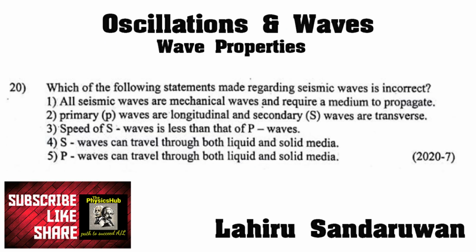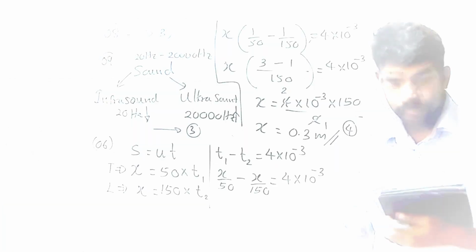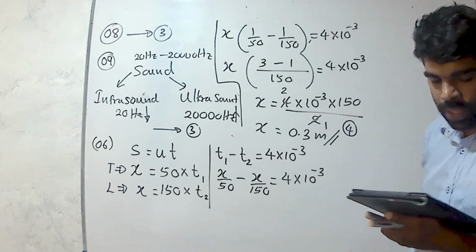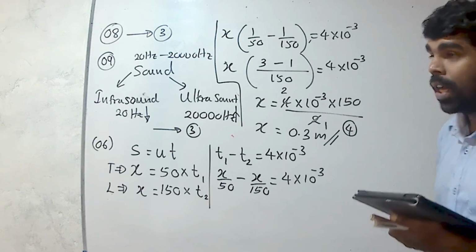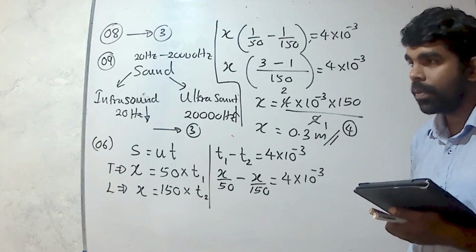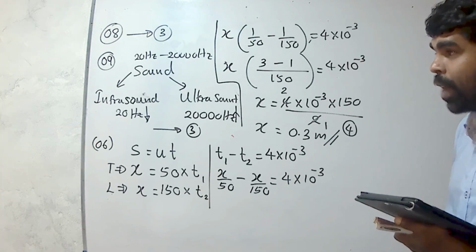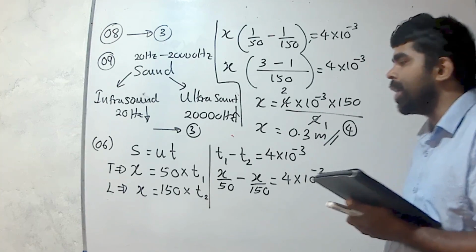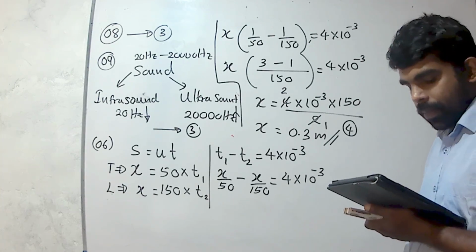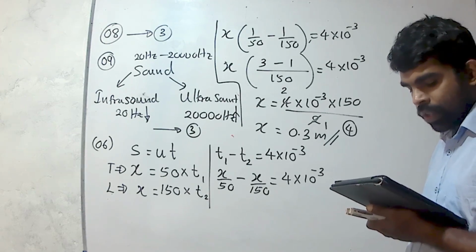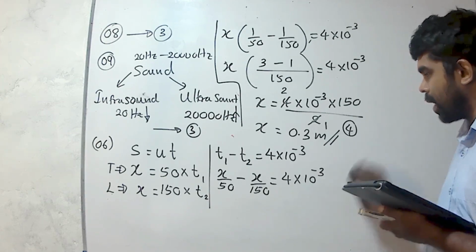Which of the following statements made regarding seismic waves is incorrect? Seismic waves means waves due to an earthquake. First statement, all seismic waves are mechanical waves and require a medium to propagate. Yes, seismic waves do not propagate without a medium. Then the first one is correct. Then P waves are longitudinal and S waves are transverse. Yes, it's also correct.